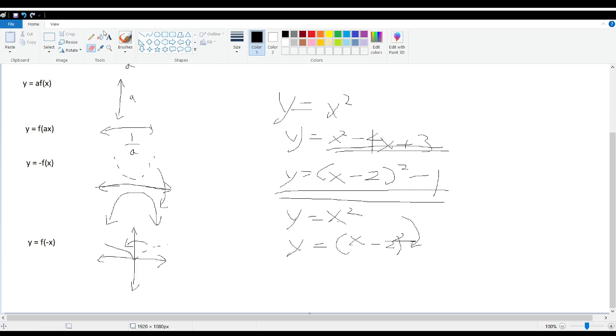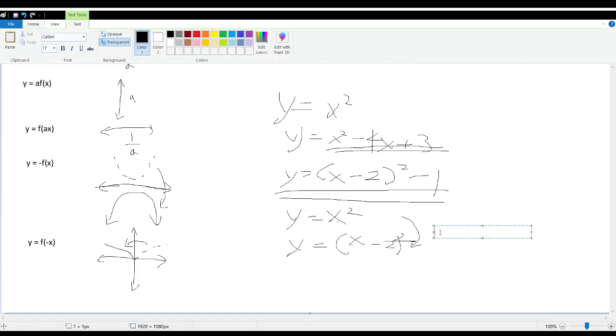Let me just type this out to be more clear. So, translation on the x-axis by 2.